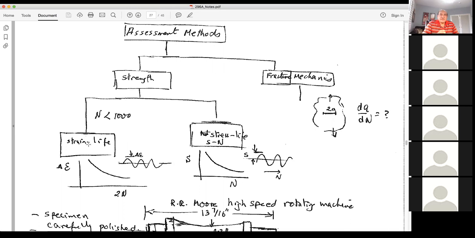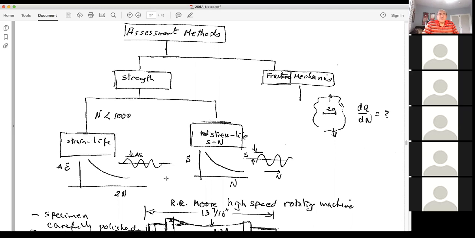So we have to find the elastic strain and the plastic strain and use a correlation that gives us the relationship between the applied strain and the number of reversals to failure. And this method is used for advanced design because we need to be able to calculate the plastic strain. And that's not what we covered here in the class.